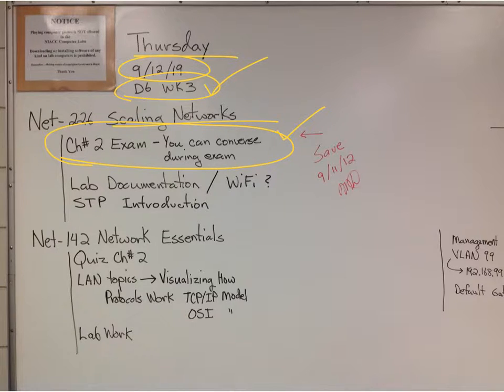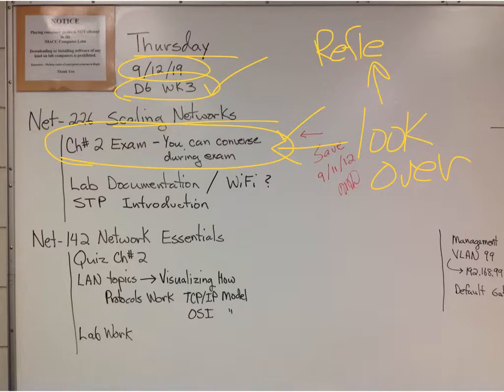So, what the students need to do, if you haven't taken it, you need to see me, then you need to think about, or educationally we talk about you need to reflect on your learning.